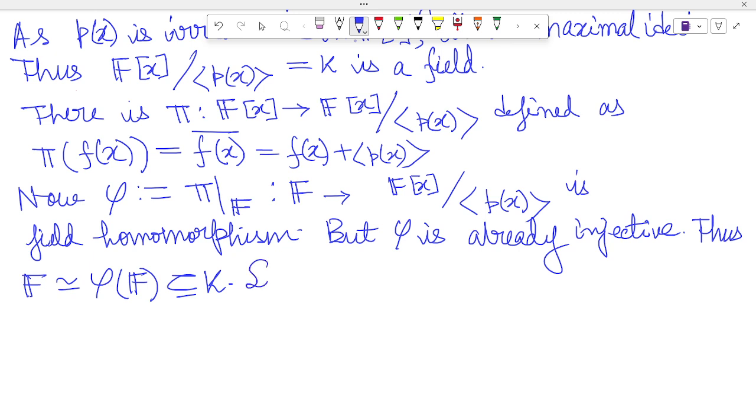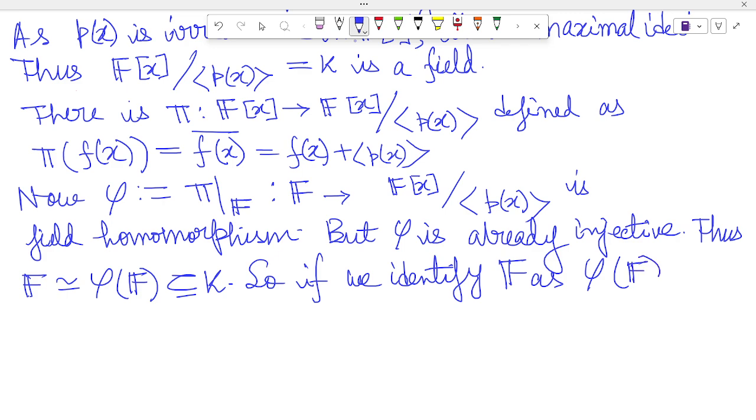So if we identify F as phi of F, because isomorphic copies preserve all properties, ringness, fieldness, everything, algebraic properties, whatever you will take.